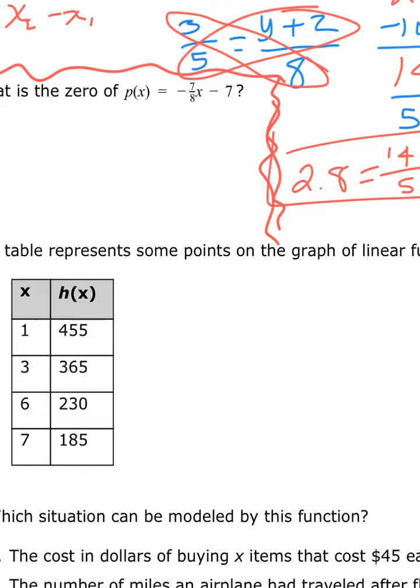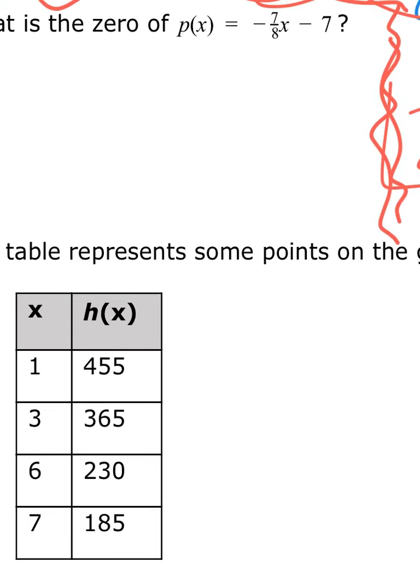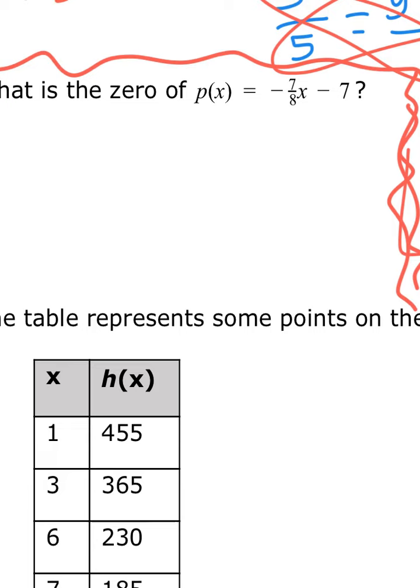Number 10 asks what is the zero of p of x equal to negative 7/8 x minus 7. Better? All right. So I could graph this, or if it's a zero, if I'm crossing the x-axis, what's the value of y? 0, right? So I can say 0 equals negative 7/8 x minus 7.